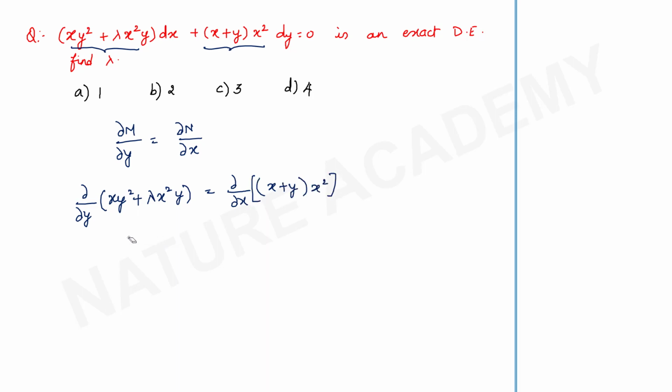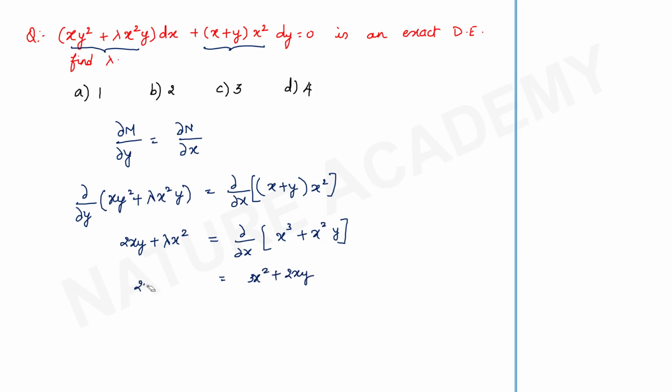If you differentiate it, you get 2xy plus lambda x square with respect to y, and here if you differentiate with respect to x, let us multiply this first, x cube plus x square y. So this one will be equal to 3x square plus 2xy.